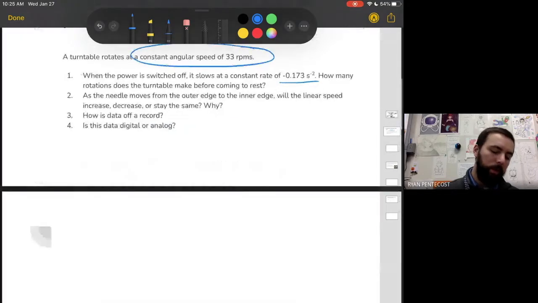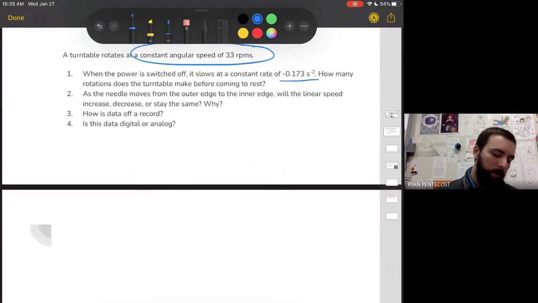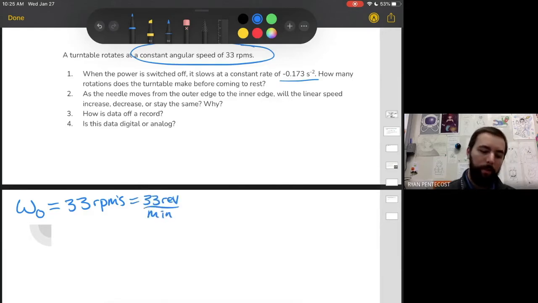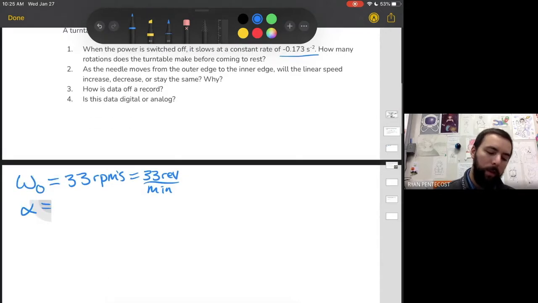So let's get our givens, right? Before it starts decelerating, we have an omega naught of 33 RPMs. RPMs, that's not revolutions per millisecond. That is 33 revolutions per minute. Then we have a constant angular acceleration. Remember, angular acceleration has to be constant if we're going to use the angular kinematic equations.